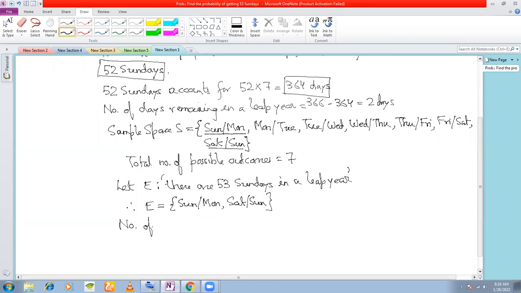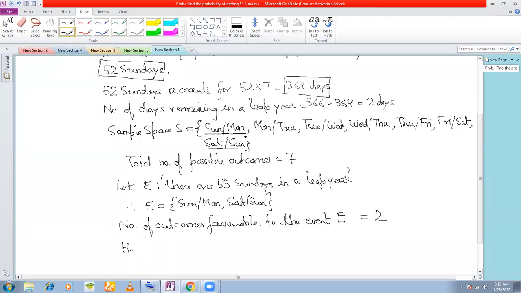Number of outcomes favorable to the event E: there are two.